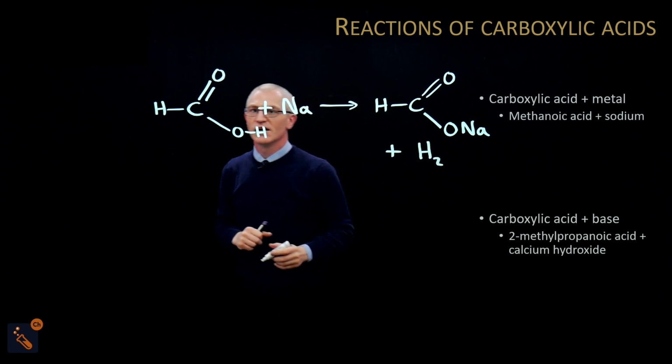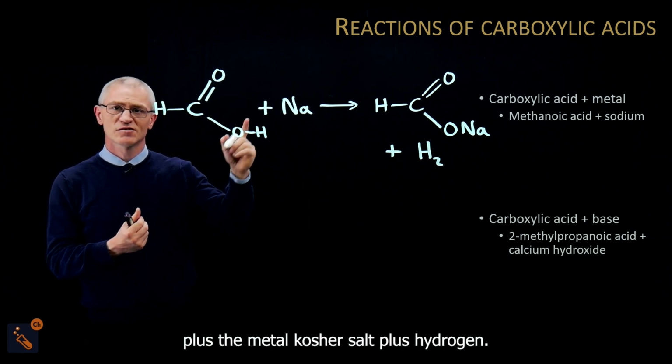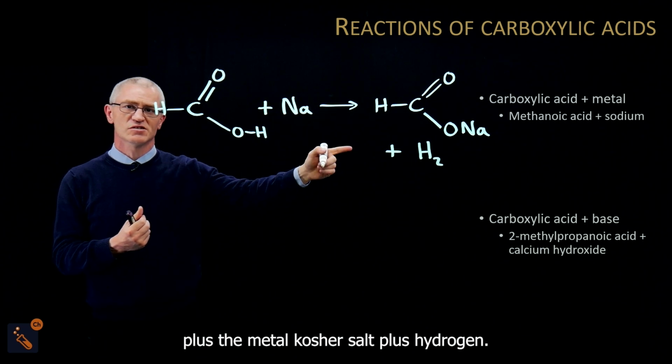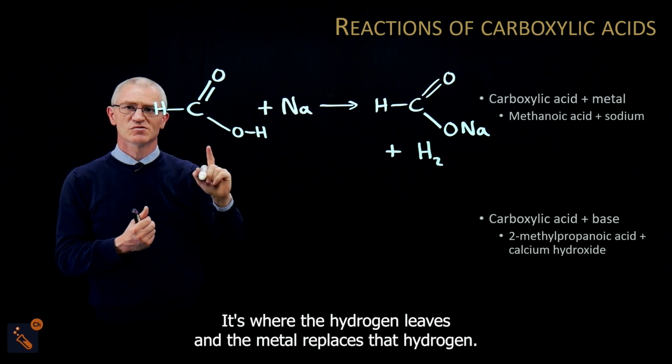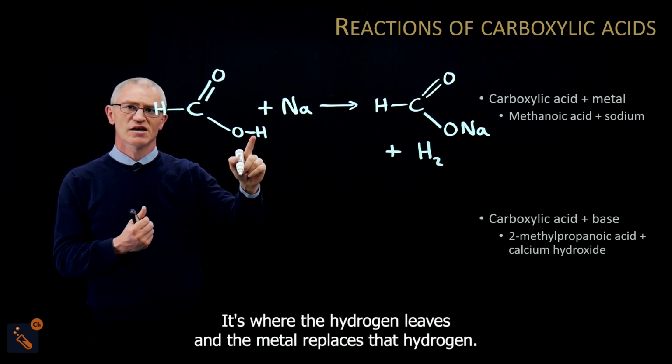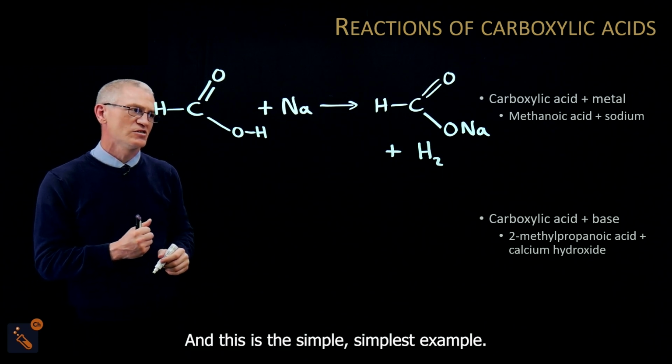So an acid plus a metal goes to a salt plus hydrogen. But you'll now need to get used to drawing a different type of salt. It's where the hydrogen leaves and the metal replaces that hydrogen. And this is the simplest example.